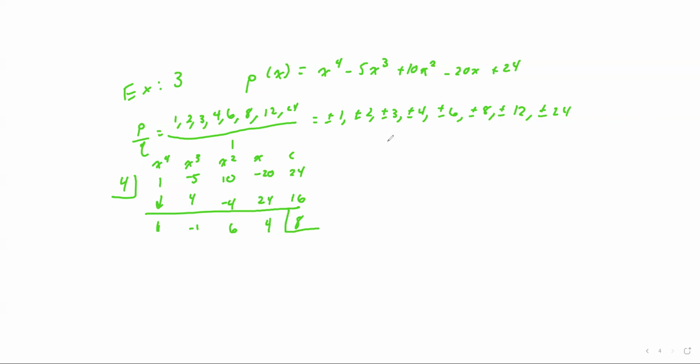So let's try 6, I guess. If I try 6, now I'll go to 3 and then go back and forth here just from the middle. All right, so 1, -5, 10, -20, 24. That'd be 6, 1, 6, 16.